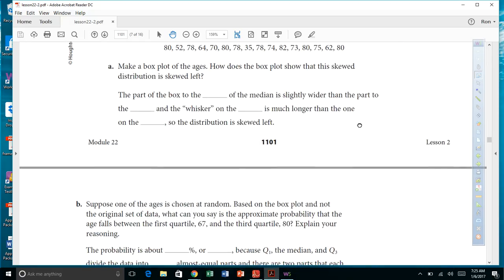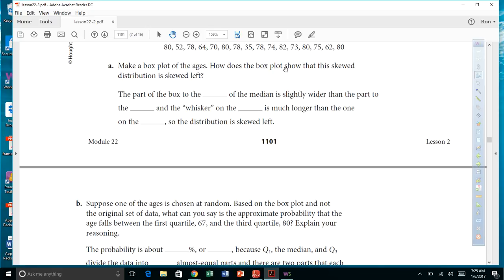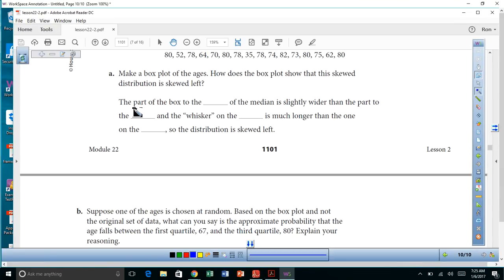All right. Make a box plot of the ages. How does the box plot show that this skewed distribution is skewed left? The part of the box to the left of the median is slightly wider than the part to the right.